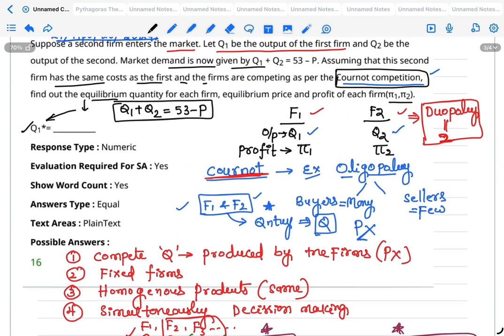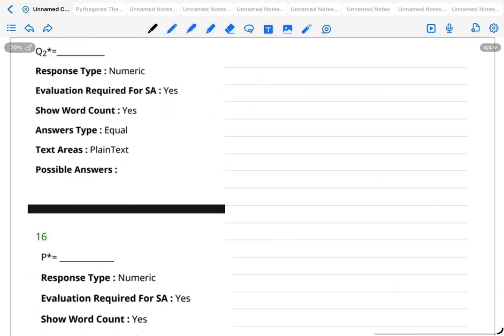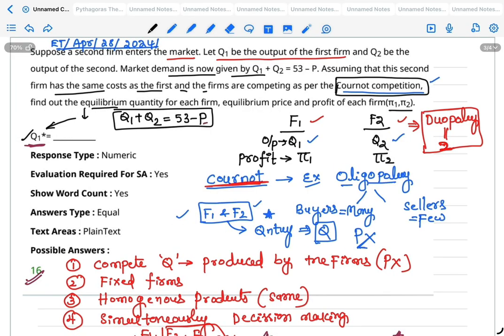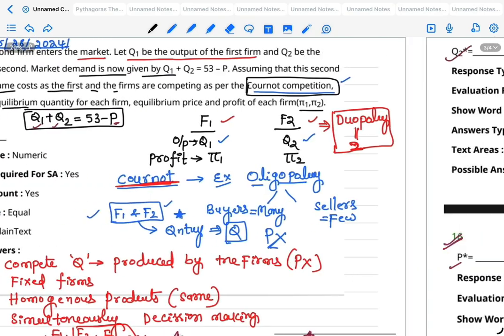So in this question Q1 star equals 16, right? And Q2 star is also 16, right? If they are asking find the P star, the price is common. Only one price is common, and there are two quantities produced by firm 1 and firm 2. So how to find the price?